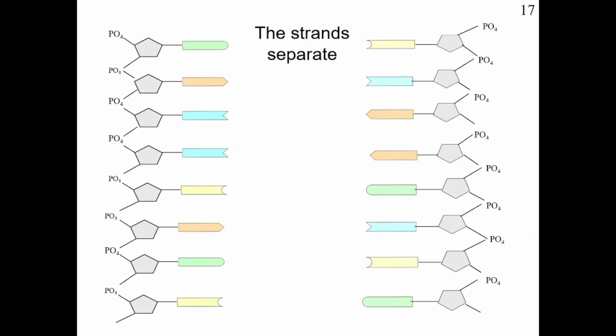The strands get separated in this way. Okay. Each strand builds up its partner by adding the appropriate nucleotides. As we have seen, this was one strand broken. Let's say this was A, this was T, this was G and C. A specific nucleotide will come and bind here.